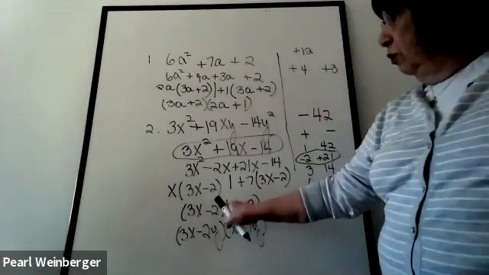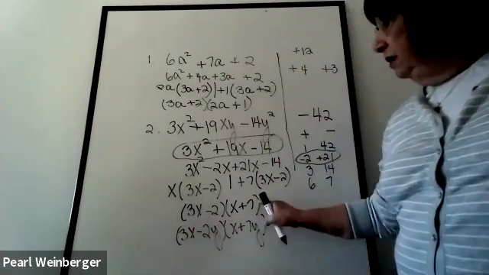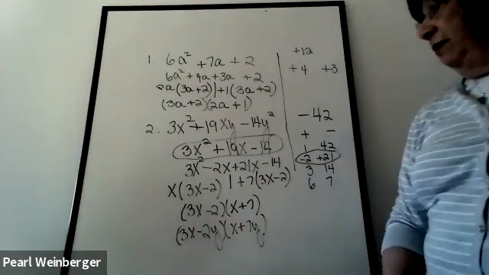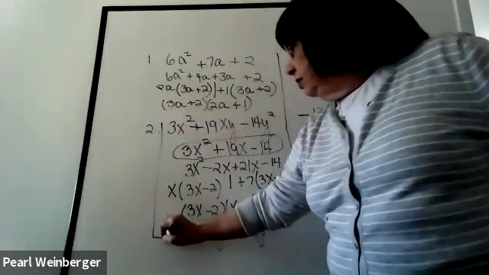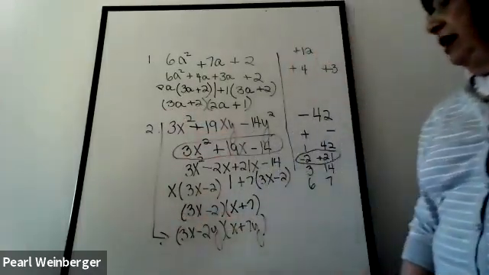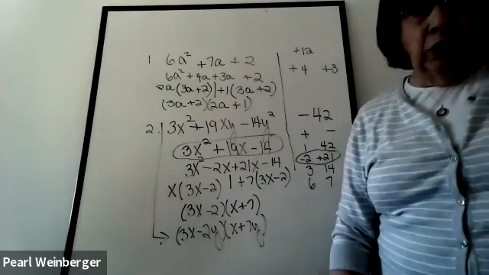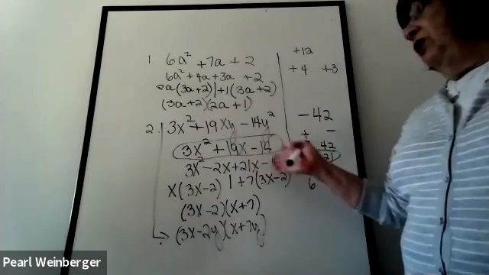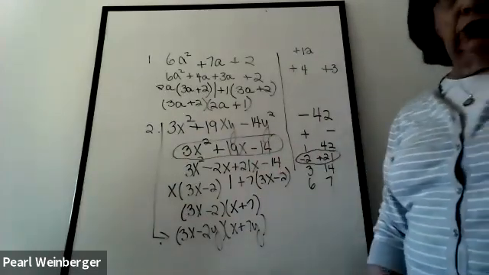In other words, put a y next to the 2 in the first parentheses and a y next to the 7 in the second parentheses. And this will be the answer to your original problem, 3x minus 2y and x plus 7y. And that's probably one of the hardest kinds of factoring you could be asked to do.